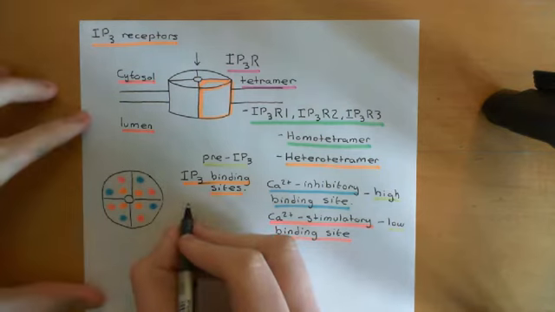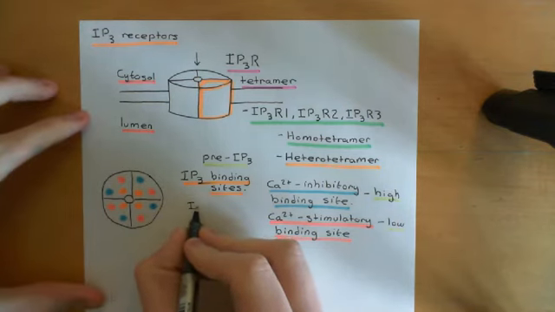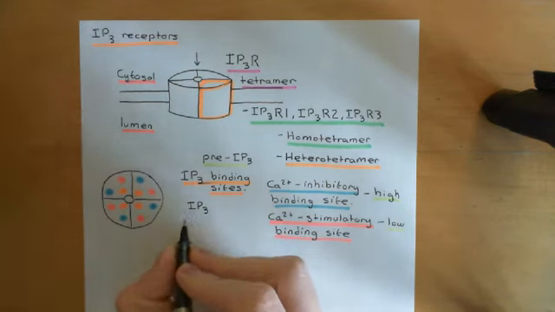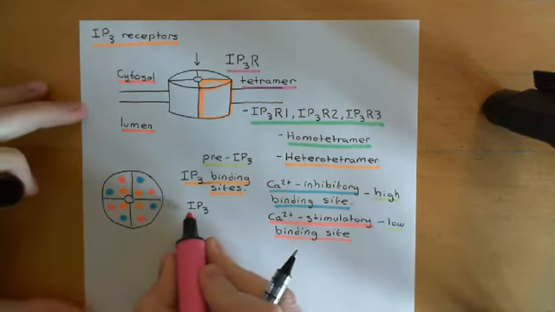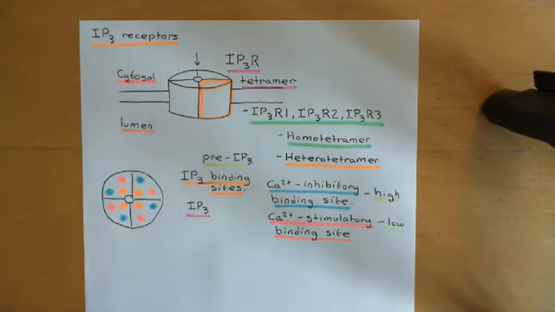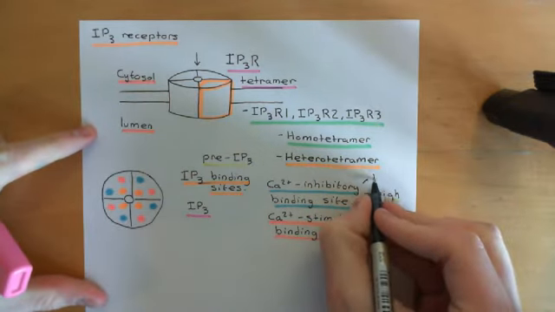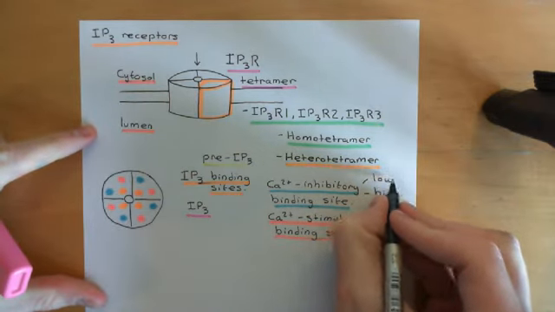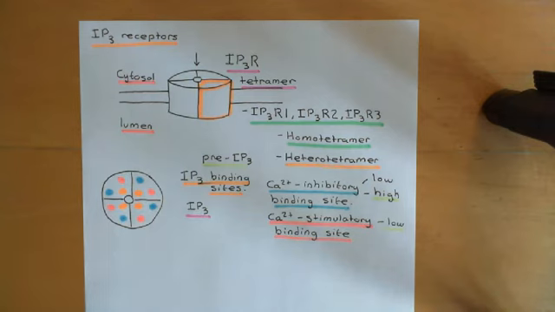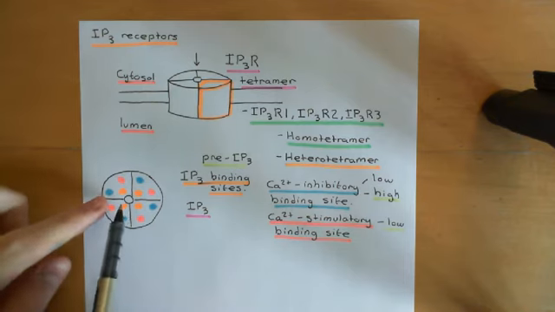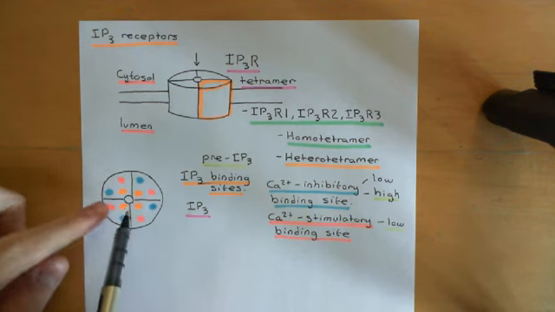Now let's say we have produced IP3. So IP3 has now arrived. So now we're in the IP3 era. What happens is this reverses. Well, whoops, I haven't actually said that IP3 binds yet. We'll come to that. So when IP3 goes up in the cytoplasm of the cell, what's now going to happen is you're going to get IP3 binding to these IP3 binding sites here.